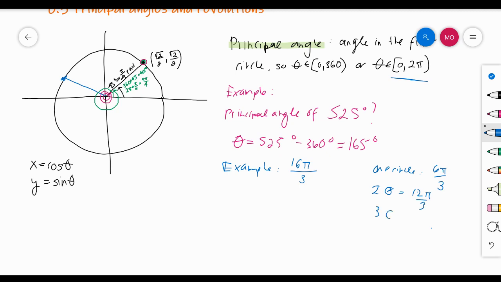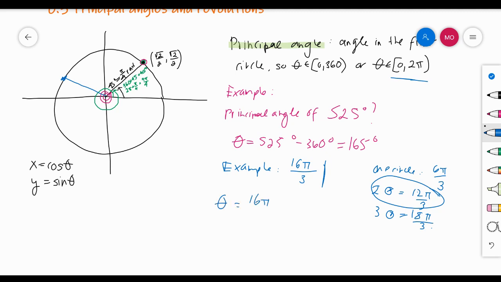And then 3 circles would be 18 pi over 3. So I'm just adding 6 every time. Meaning that here we have a little bit more than 2 circles, but not quite 3.